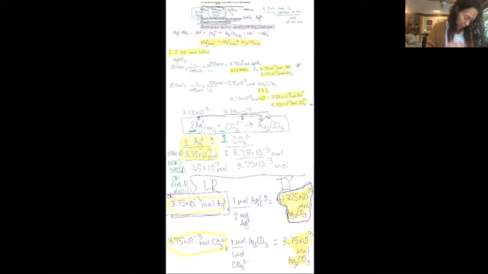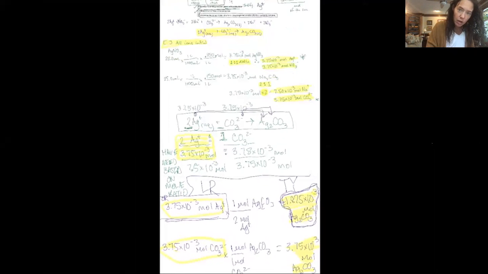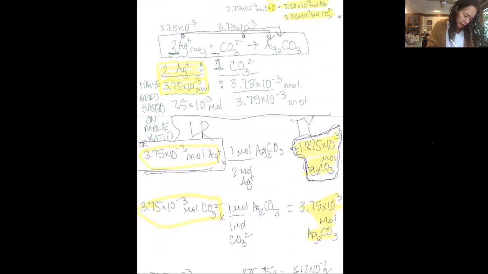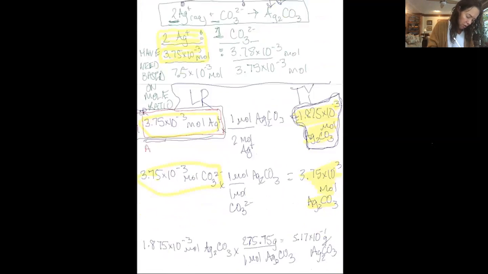Okay, so we know that we started with 3.75 times 10 to the negative third moles of silver. We know that silver was our limiting reactant. Therefore, all silver was used and none remains.